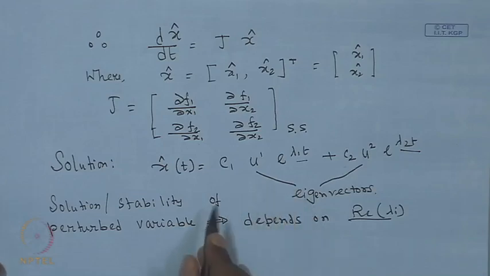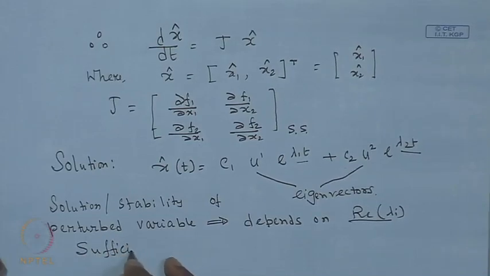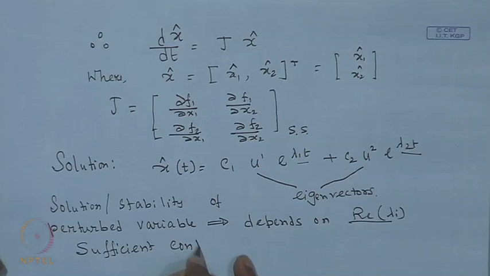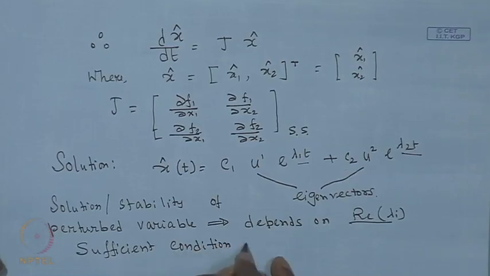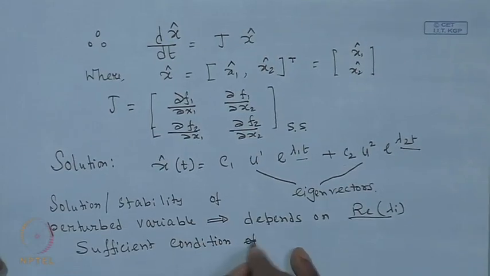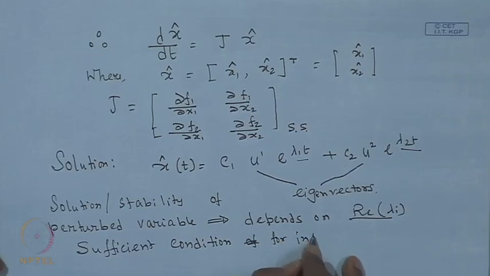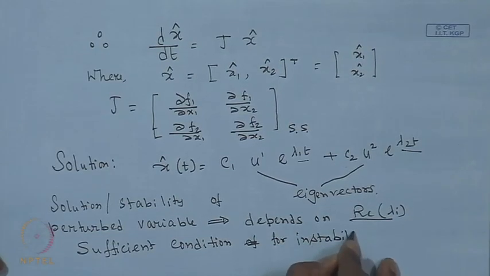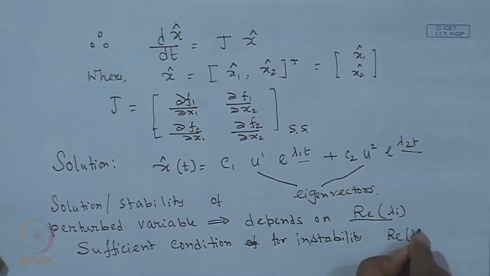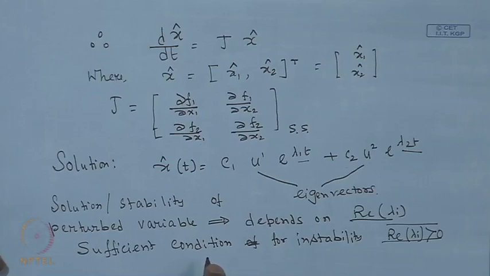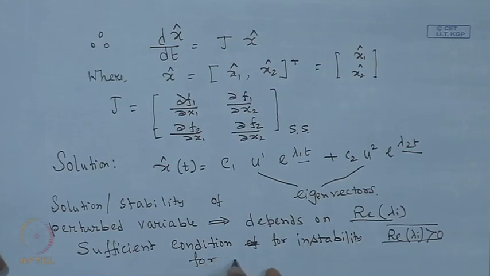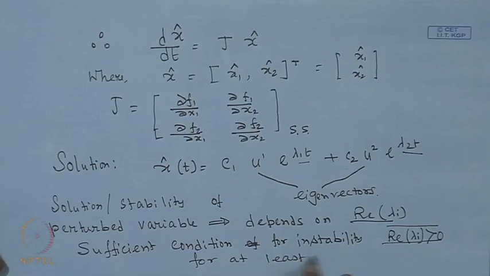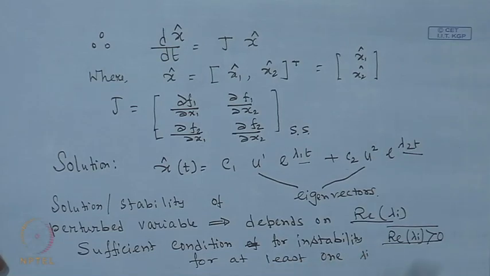So, the sufficient condition for instability is that the real value of lambda i should be greater than 0 for at least one lambda i.